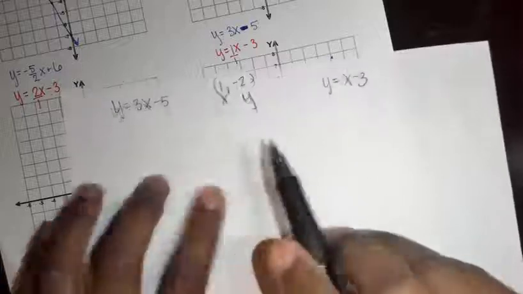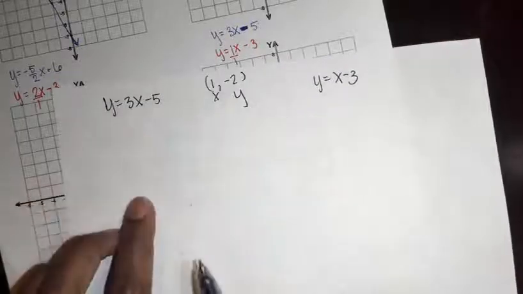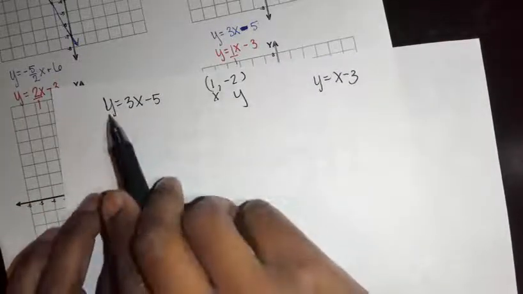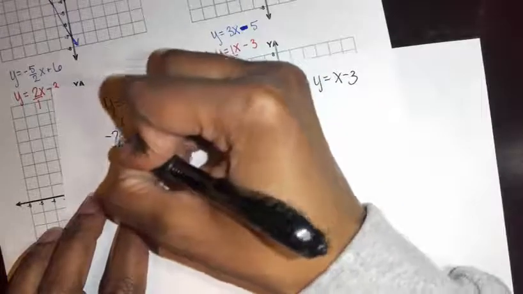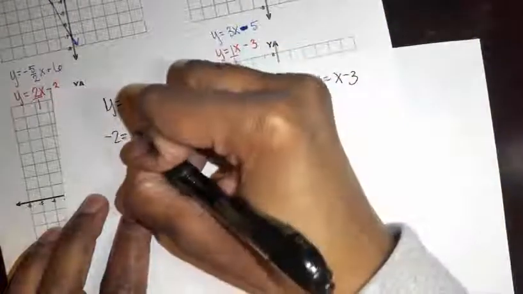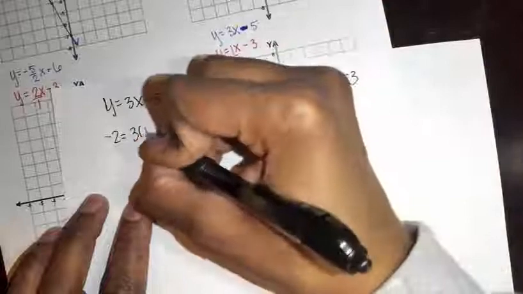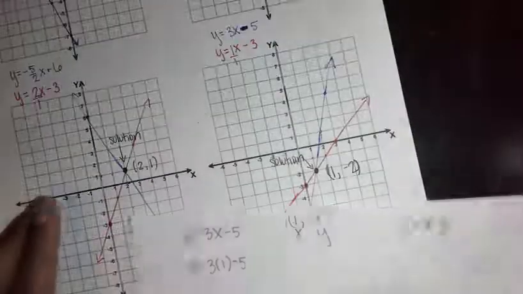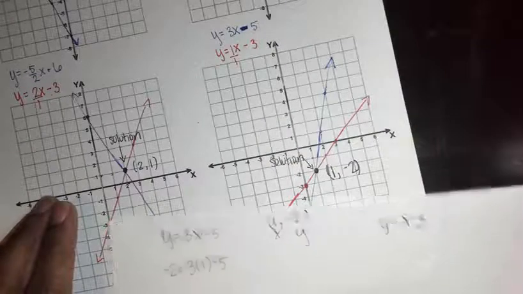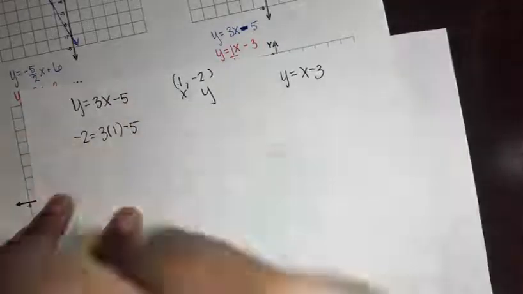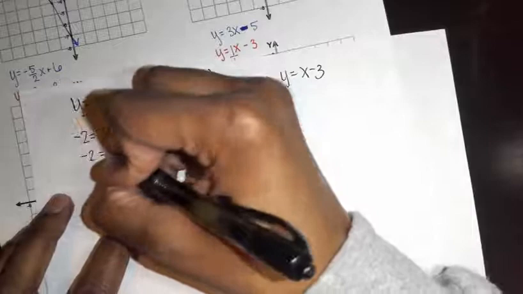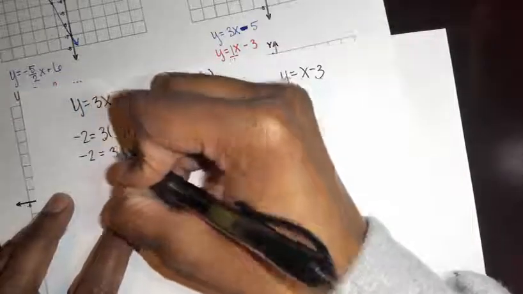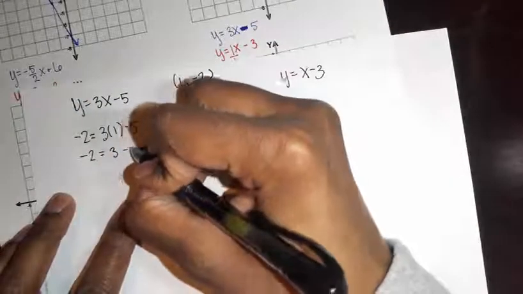So I'm going to plug those values in for my x and y's. So I have y, which is -2, equals 3 times x, which was 1, minus 5.